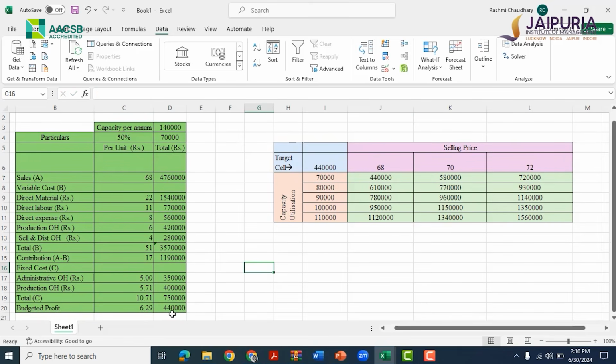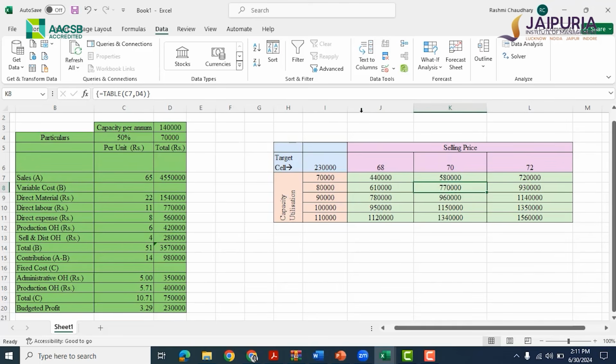So the profitability is 4,40,000, which was depicted here also, the same profitability. So in this manner, by changing the two components, that is the selling price and the capacity utilization in this table, we are able to get the target cell, that is the profitability under each condition. So this is the profitability when the selling price is 70 and the number of units sold are 80,000. So this is the way wherein you can prepare the data table.